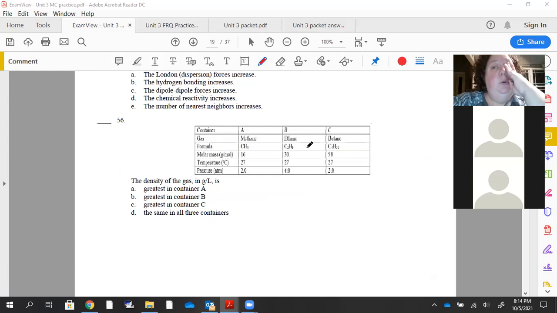So normally a question like this would give a little bit more information. They would say something about that they were all in the same container or that you had the same number of moles of each one of these. And so there'd probably be some extra information in a question like this. The density of the gas is in grams per liter.